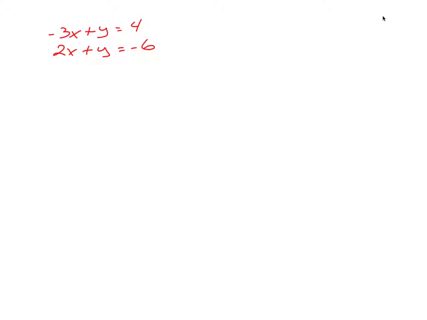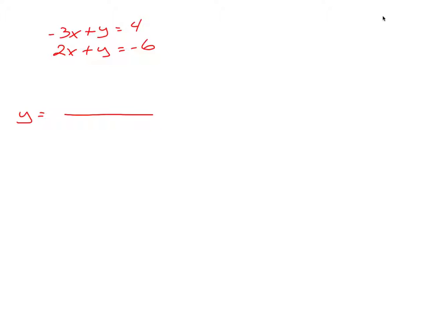Alright, on Cramer's rule, the first thing you want to do is declare what variable you want to solve for. So I can solve for x or I can solve for y. So I need to make that declaration to begin with. So which one do you want to solve for? Alright, so we'll just say we're solving for y. Okay, then I'm going to be dealing with a pretty big fraction.